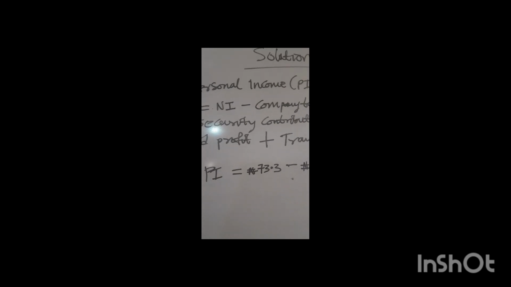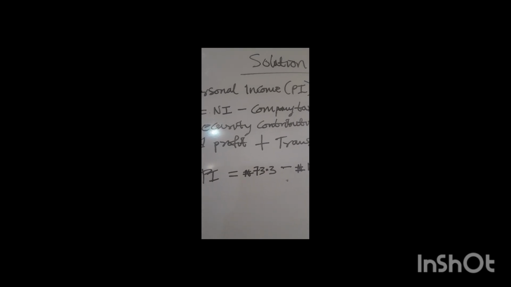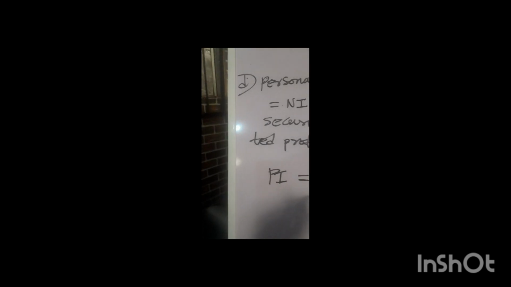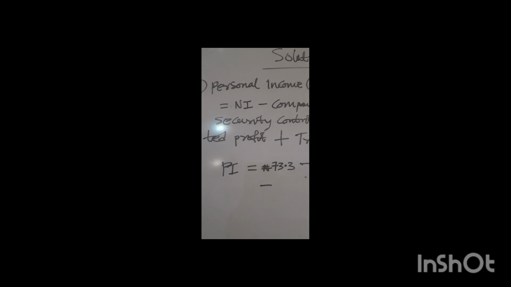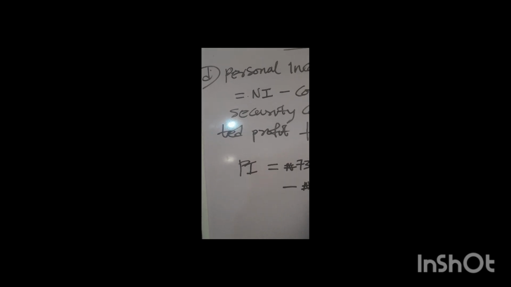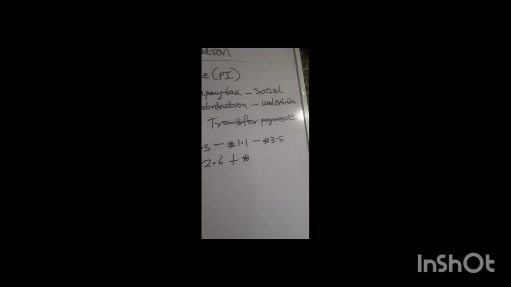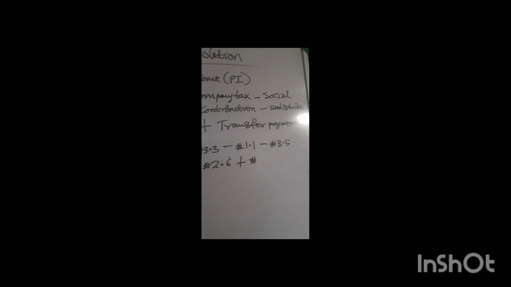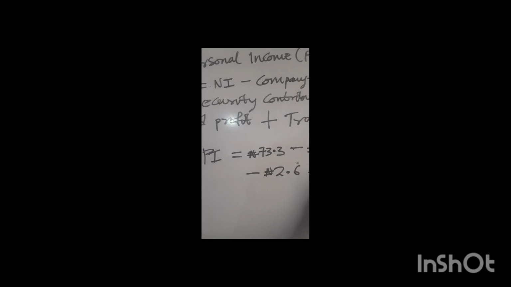We'll less social insurance contribution, we have 3.5 million. We equally less undistributed profit, we have 2.6 million. Then we'll add our transfer payment, which is 2.4 million.